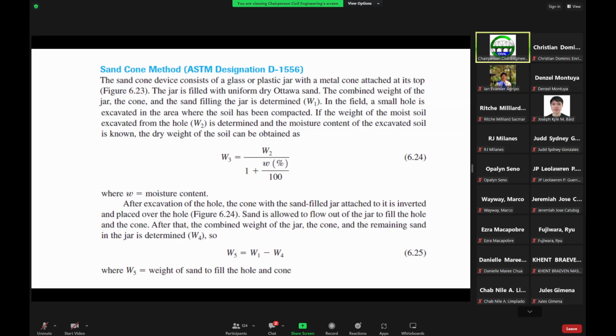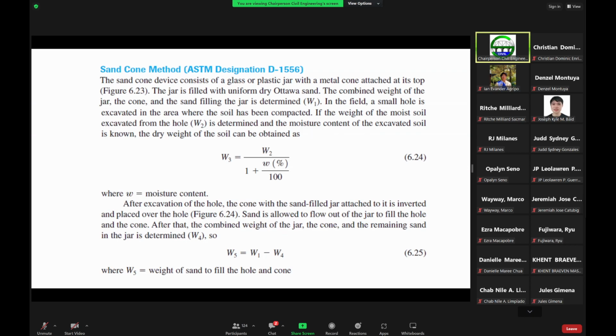We consider that as W sub 2, the weight of the moist soil excavated from the hole. You excavate the soil, bring it to the lab, weigh it, and in the lab you can also oven dry it to determine its moisture content.